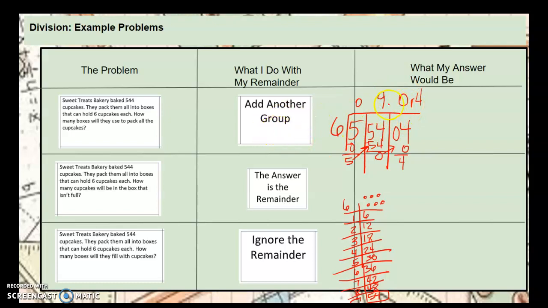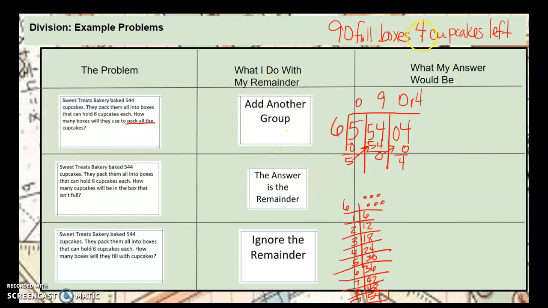Now, what this means is 90 full boxes of cupcakes, but then you have 4 cupcakes left that don't fit in the box. So if I want to make sure I pack all the cupcakes, that's why I chose add another group.